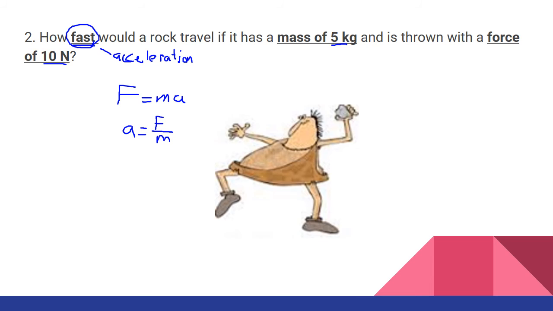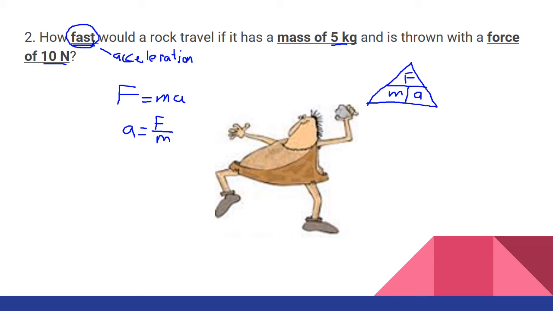Now remember, if you get confused with rearranging equations, since this is a 3-variable equation, you can use your triangle again. In the triangle, we're going to write the formula. We have, in this case, force being equal to mass times acceleration.